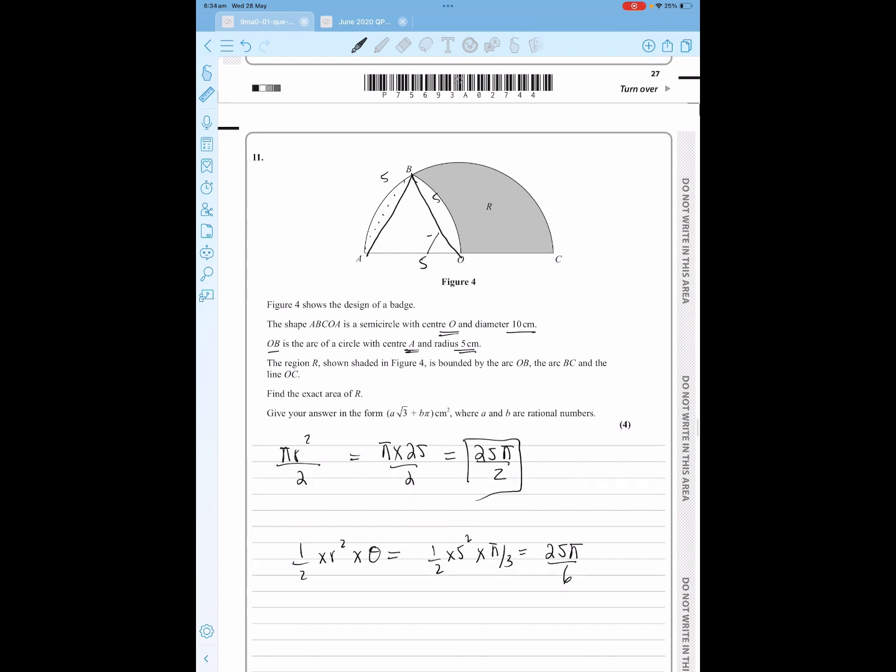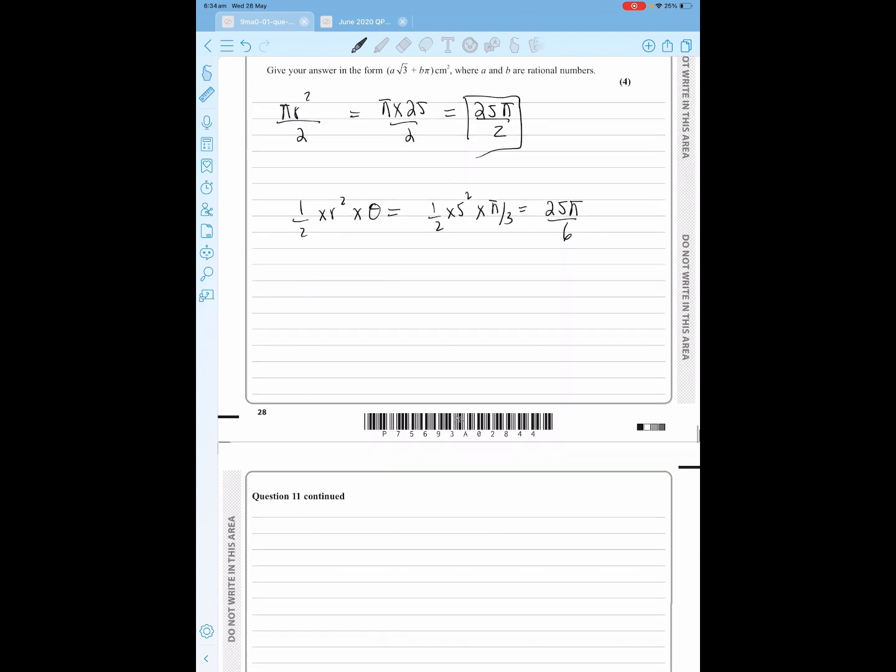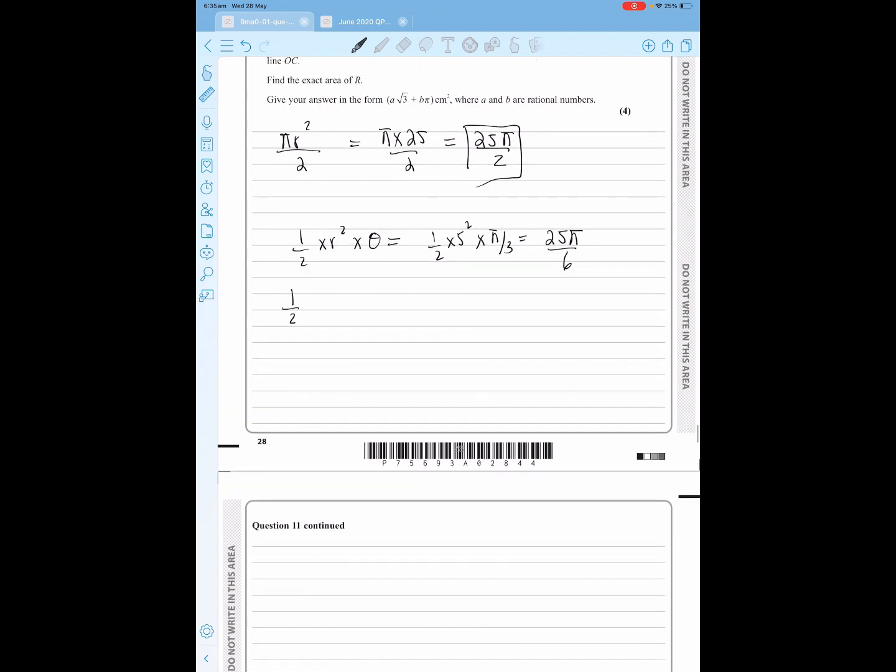So the area of the triangle, since the angles are all pi over 3 and the radii are 5, we can say half times a times b times sine c. So half times 5 times 5 times either sine 60 degrees or sine pi over 3 radians. My calculator is in radians, so I'll do it in radians.